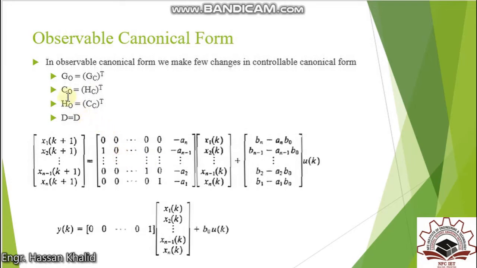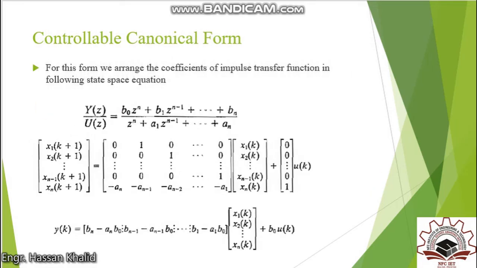And if I need to write the output matrix C for the observable canonical form, I need to take the transpose of the H controllable matrix. If I take the transpose of this, I will get the output matrix for the C. Now just take a look back. This was my H for the controllable canonical form. If I take the transpose, what will happen?